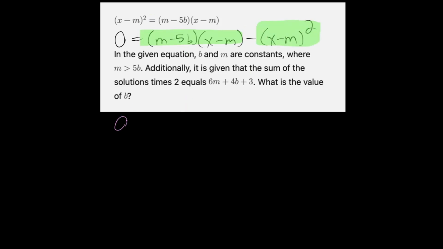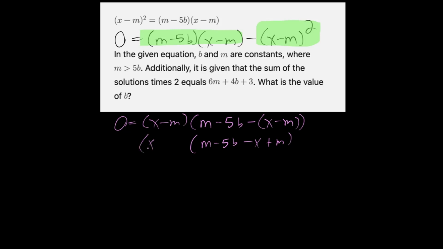So if we factor out the x minus m, it leaves us with m minus 5b minus 1 times x minus m. Because from this part here, we're factoring out one of the x minus m's, but it's still leaving us with one more. So now the next thing to do is to go ahead and distribute that minus sign right there. So we'll have m minus 5b minus x plus m. And on this side, we have x minus m.